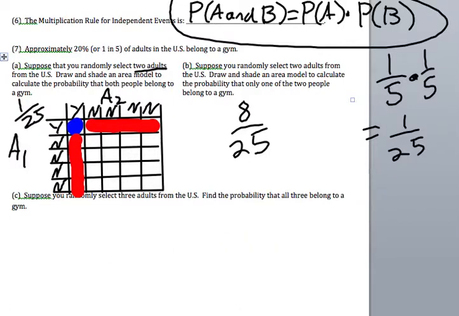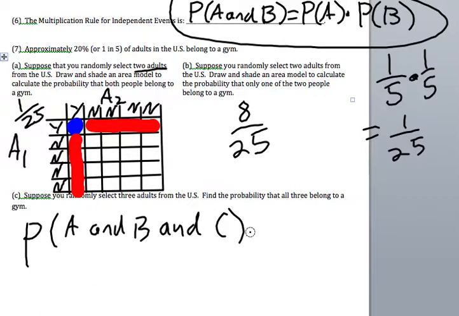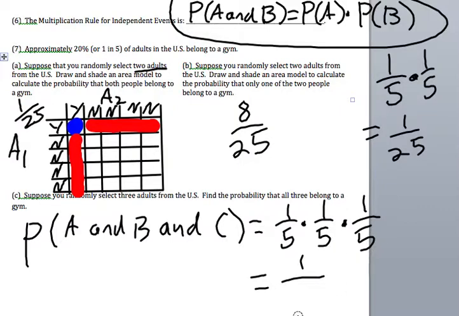So the probability of adult A and adult B and adult C is a 1 in 5 for adult A times a 1 in 5 for adult B times a 1 in 5 for adult C. Multiply those out. 1 times 1 times 1 is 1. 5 times 5 times 5 is 125.